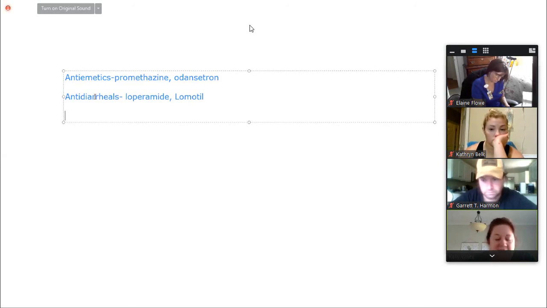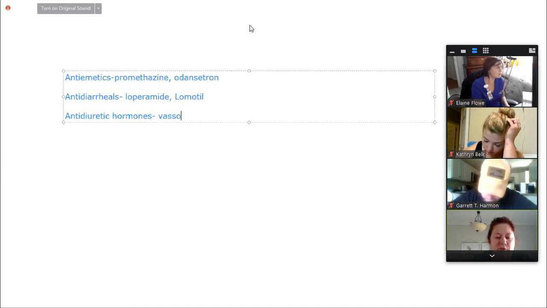So we are going to give antidiuretic hormones. And that's going to be vasopressin. There's only one S in it. Or its brand name is DDAVP.